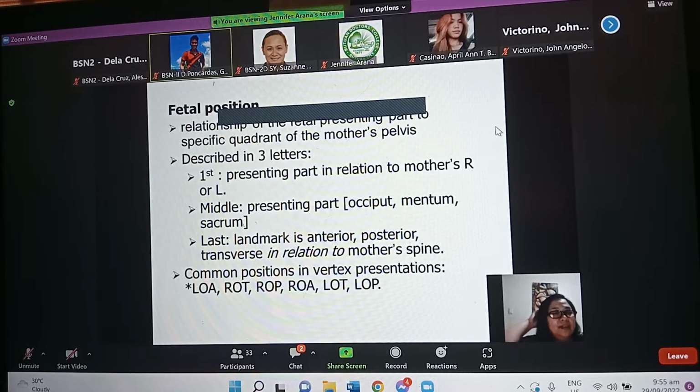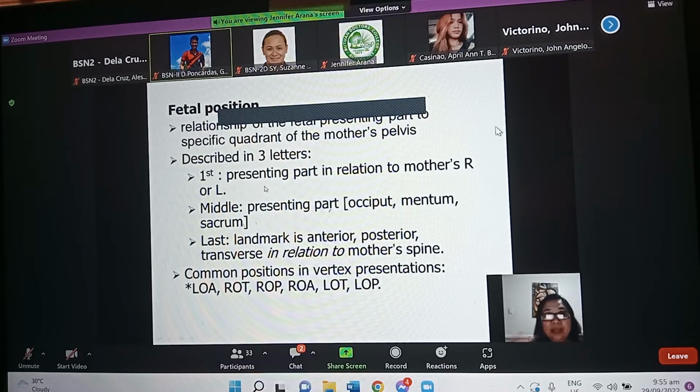The fetal position is described in 3 letters. The first letter represents the presenting part in relation to the mother's right or left side.